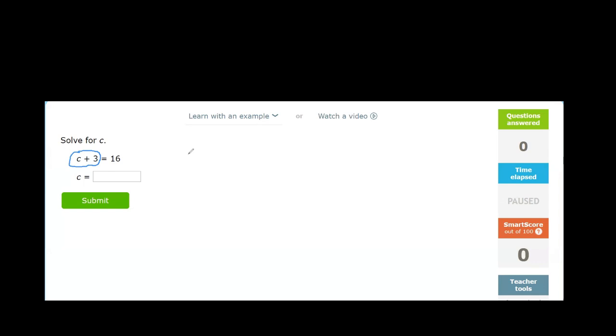And so I like to think about what are we doing to the variable. In this case, we are adding 3. So we identify what we are doing.